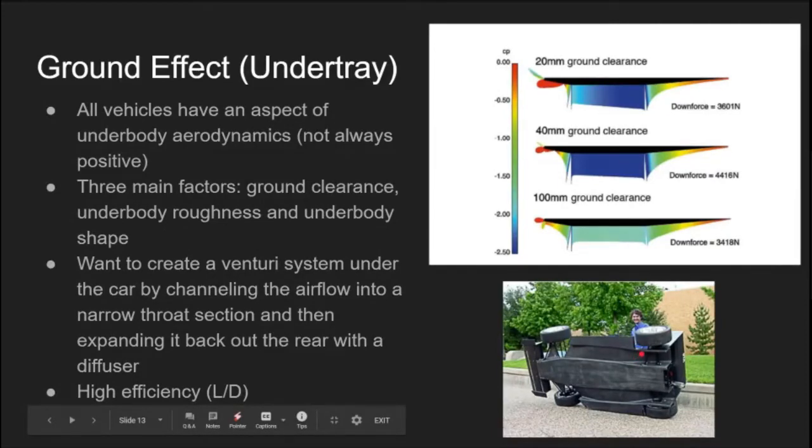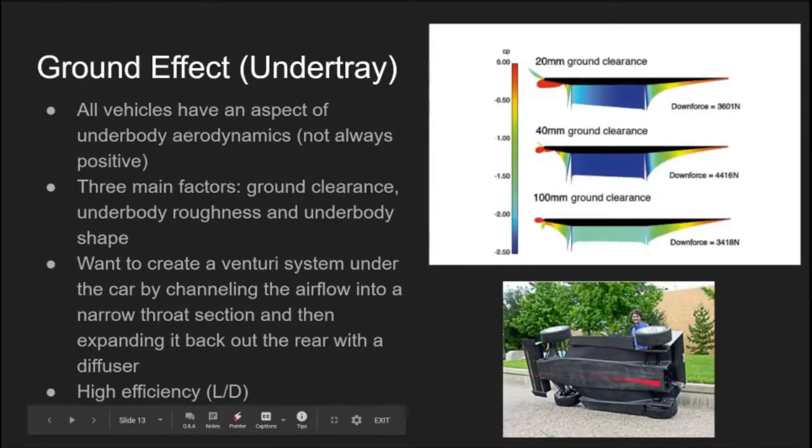Because you don't have that much area out the back to expand it, for example, because you have your diff and the jacking bar, there's not much physical space. So a lot of teams do it on the sides because you have a lot more area and more space to expand it, and then just leave the center section as flat as possible, right? So that you're not producing lift.